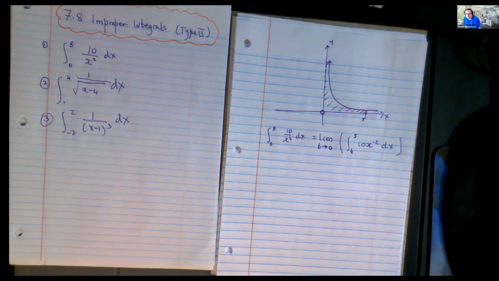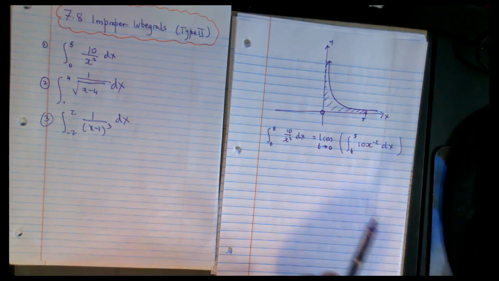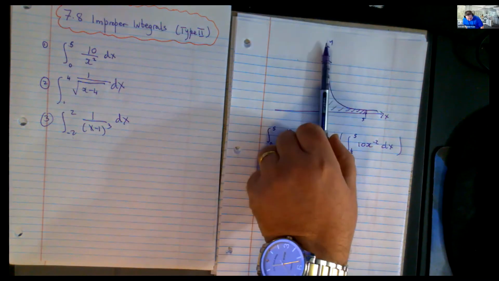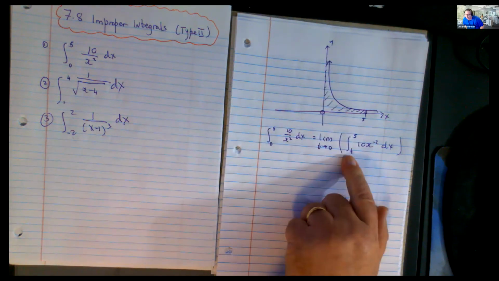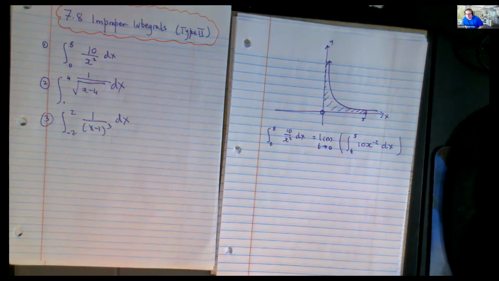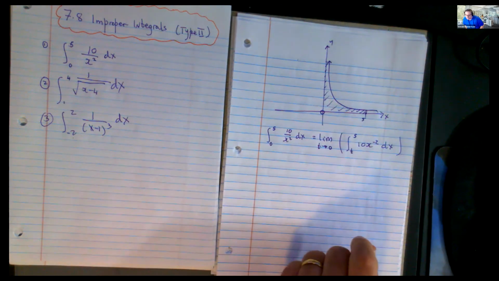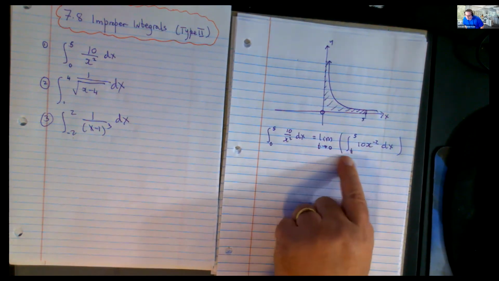Why did I choose t tends to 0 in this puzzle? What's so special about 0? Because it's an asymptote, so you can't ever find the actual value of the function at 0. Do you see what we're doing is avoiding it and using the limit technique? If you have a vertical asymptote at 7, this will be t tends to 7.